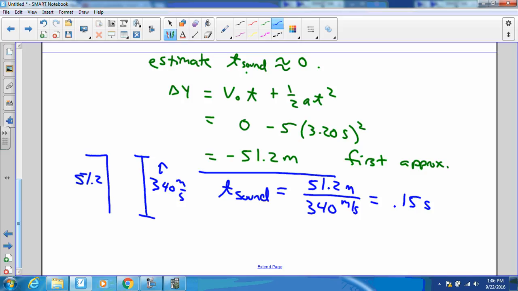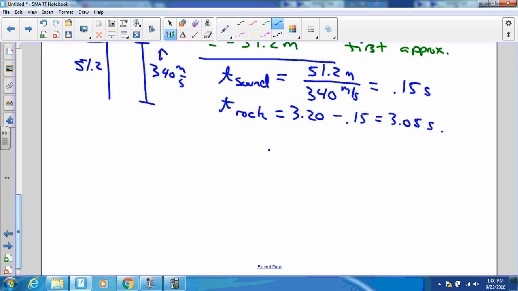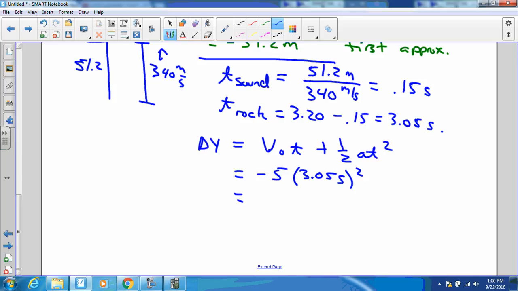Now that's not 0, but it's close enough to 0 that I can see that my simplifying assumption was not very far off, and so the true height of the cliff is going to be pretty close to the 51.2 meters. If T sound is 0.15 seconds, then T rock is going to be the total time minus that, or 3.05 seconds. And if the T rock is actually 3.05 seconds, then I can compute again delta y equals v0t plus 1/2 at squared, or minus 5 times 3.05 squared.